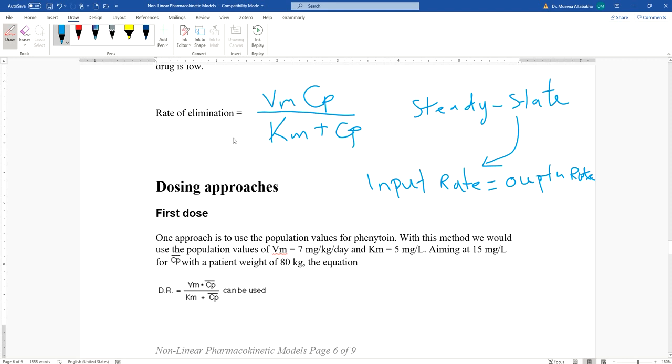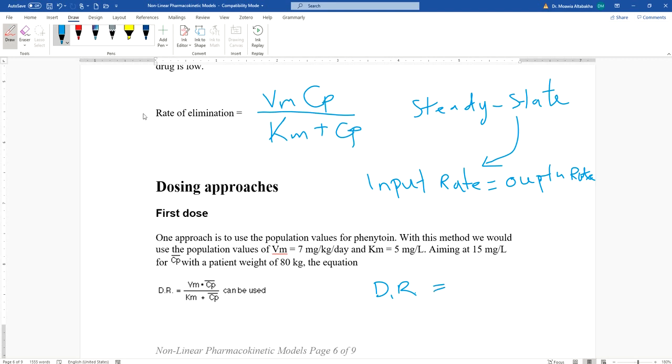So in this case, we can say the following. The dosing rate, for example 100 milligram every day or 500 milligram every day, will be equal to the output rate.